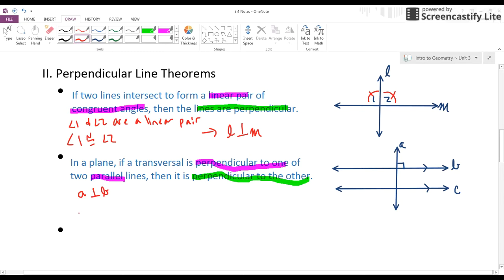And we also need to know that B is parallel to C. So if we have that information, then we can go ahead and say, well, then A should also be perpendicular to C. And that's a super easy one to look at because you can use your corresponding angles postulate, right? If this is a right angle right here, then down here it's also a right angle, and by definition, we've got perpendicular. So super easy to prove.